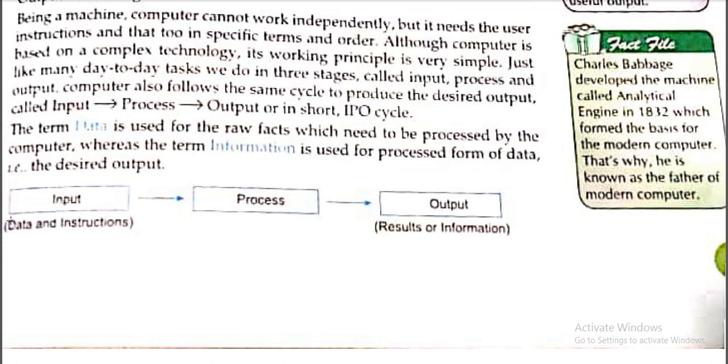So what I am doing here is some processing with that data. That whole data is called raw data. But after processing, what we get as the result is the output. So the input is the raw data, and after processing, the data is converted to information. Information is just like an output.